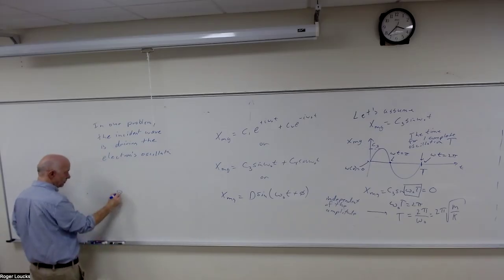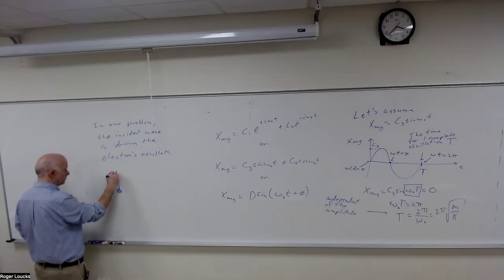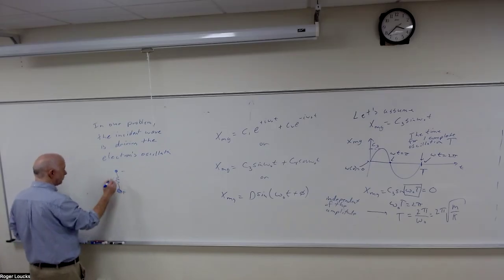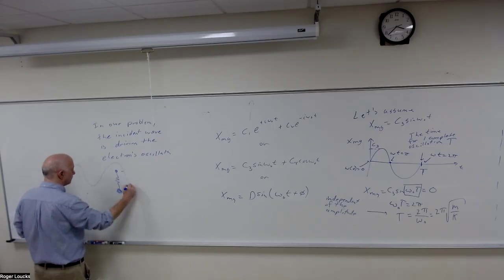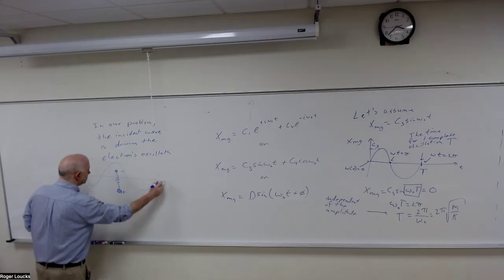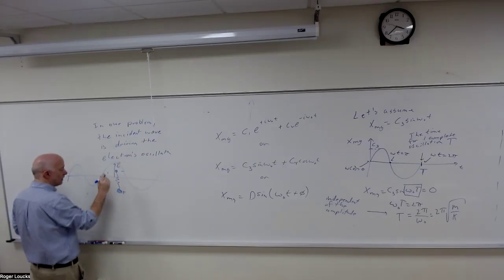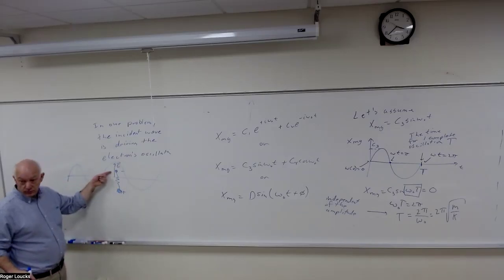So remember, here's our nucleus. This will be positive. Here's a negative. We're going to have this electric field going this way. And so what happens here, we now have a driving term.